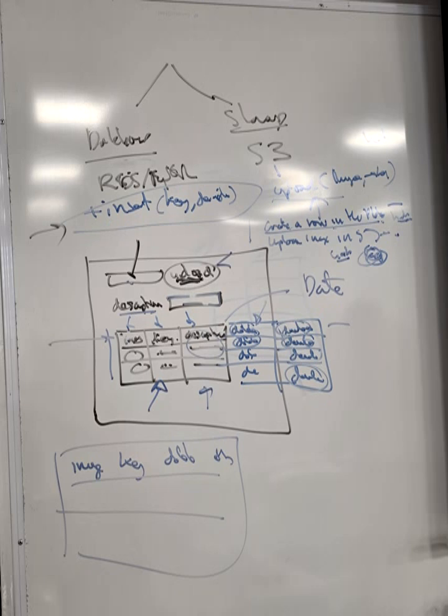Then when building the table, you call lambda get object with each of the keys. That's what you have right now. But the problem is that you don't have the description. Okay? Now there are two things that you can do.